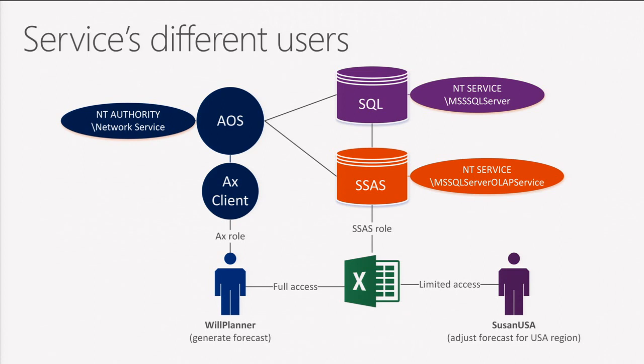There are also other managers, for example for Germany and other countries, and those managers should not see the forecast that gets generated for the other regions, and they should not have access to modify the forecast of the other manager. So in this case, Susan will need to have limited access to the data that is stored in SSAS.